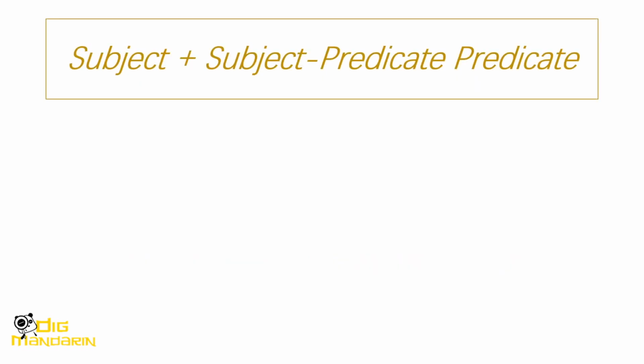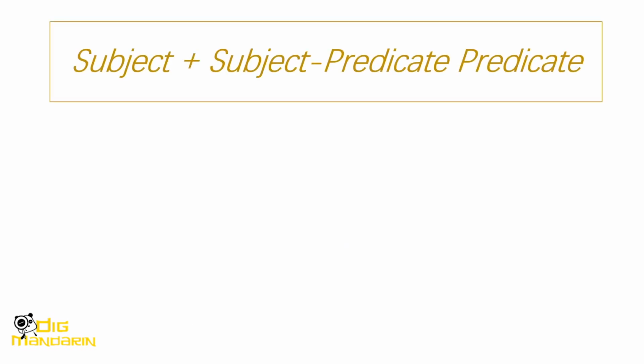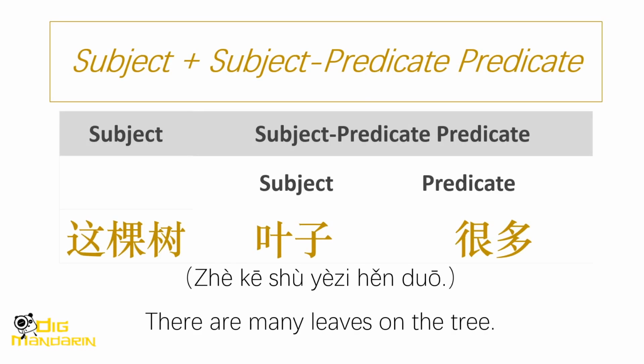Okay, now let's see some examples on how it works. Example 1. 他一句话也不说 He doesn't say one word. Example 2. 这棵树叶子很多。There are many leaves on the tree.